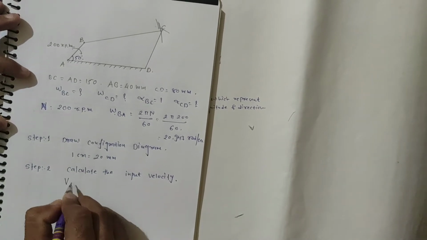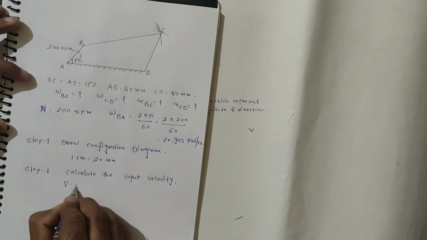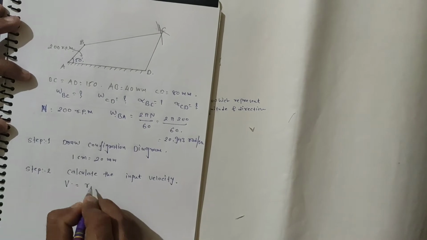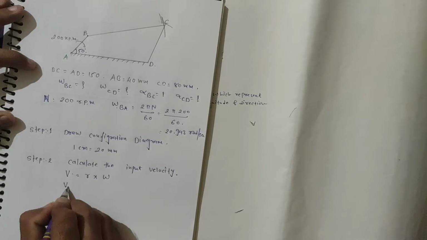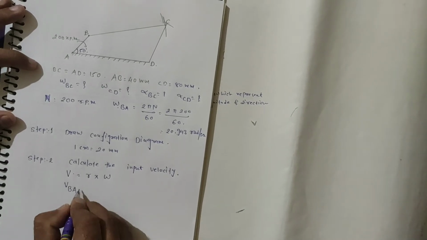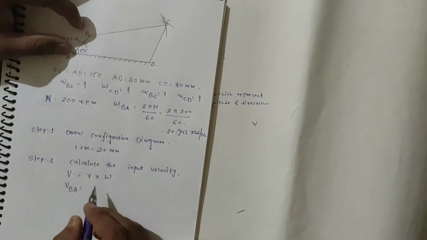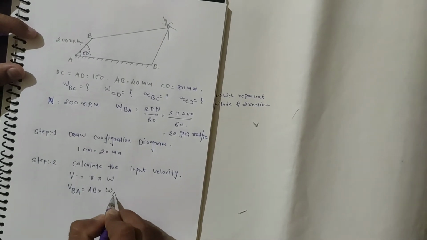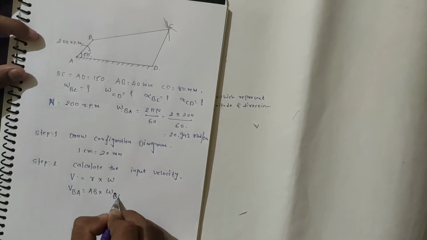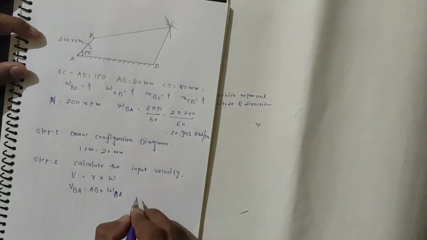The equation of velocity is v is equal to r into omega. So first, the velocity of B with respect to A is equal to the crank length AB times omega BA, which is given in the data.